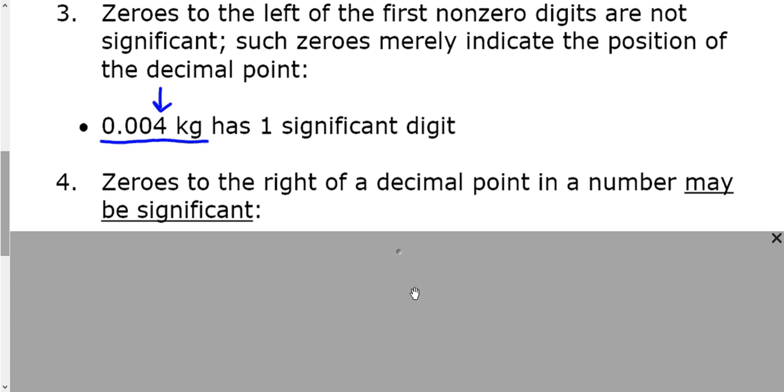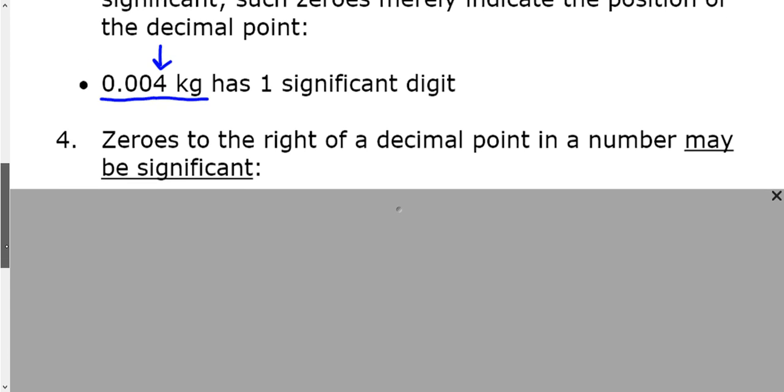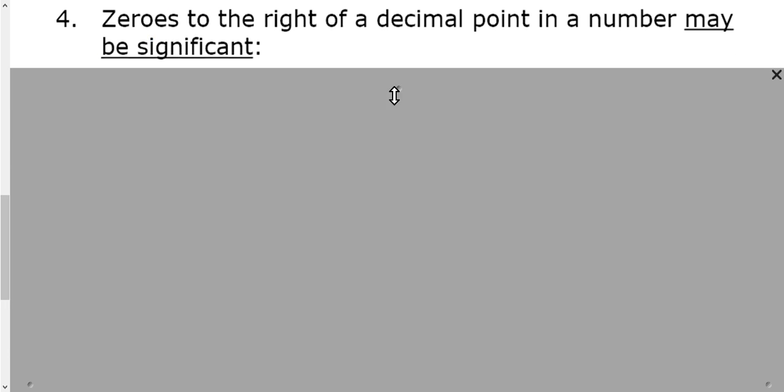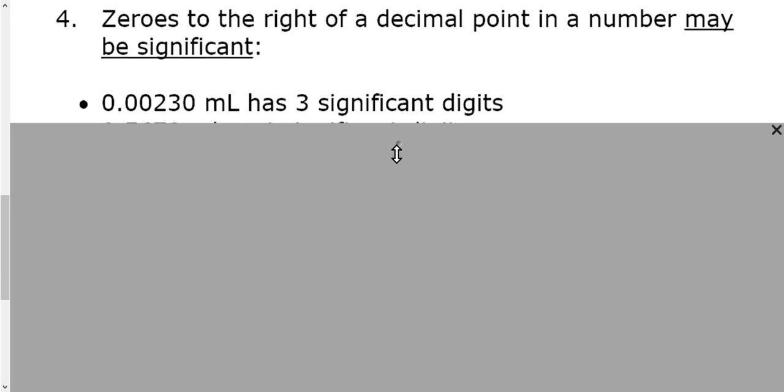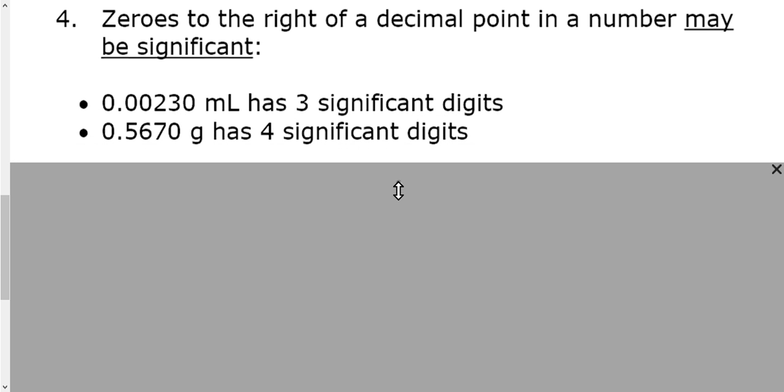Next rule. Zeros to the right of a decimal point might be significant. Now it depends on where you see them and what's going on. So let's take a look at a few of those examples. Here's the first example, we see some leading zeros, zeros that come before the first non-zero digit.